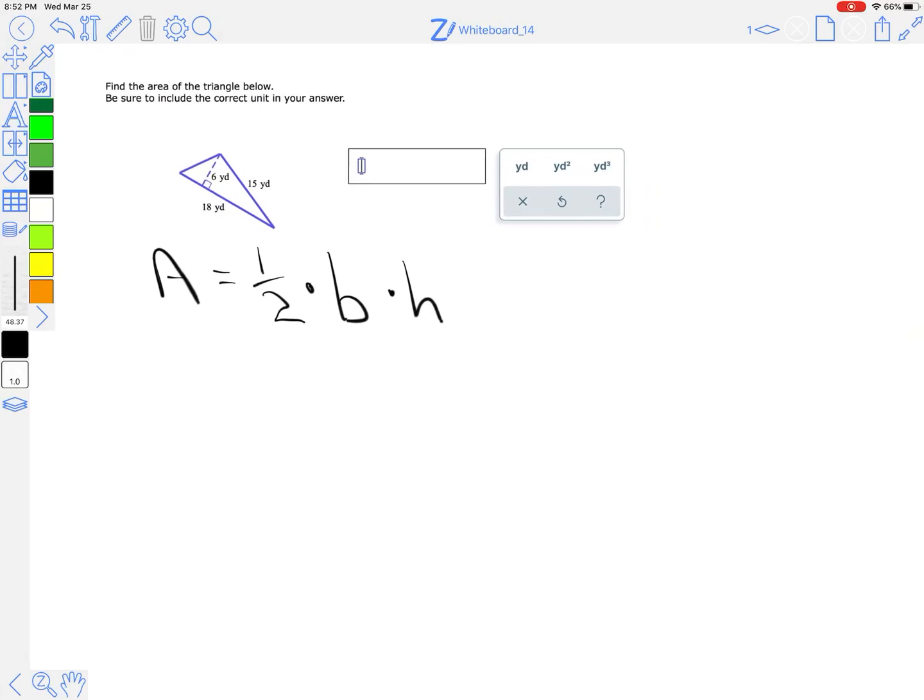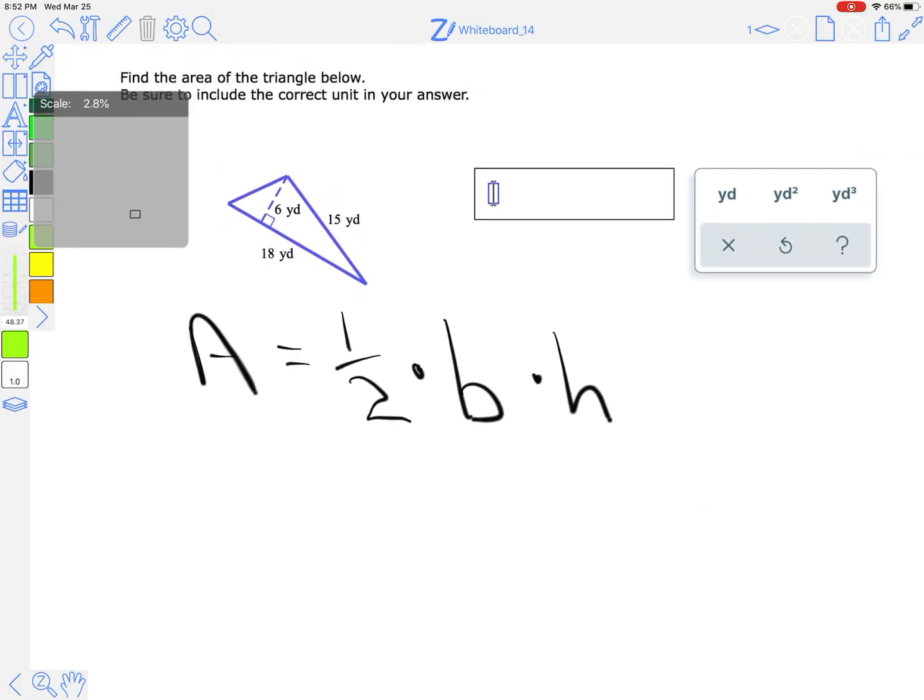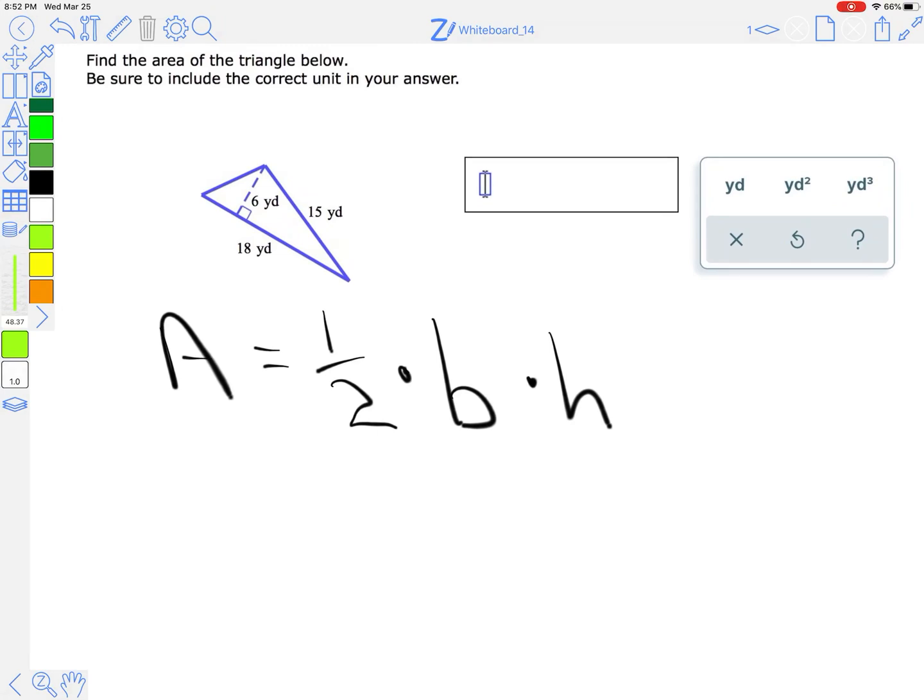The next one, finding the area of the triangle. And again, sometimes here they give you more information than you really need, just to see if you're paying attention, if you know what's going on. So, area equals 1/2.